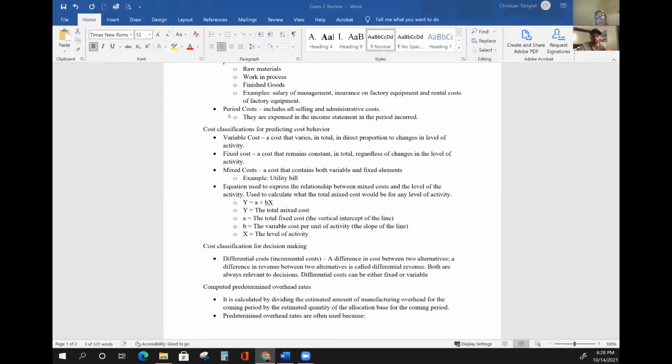So you can have both in one. And then we have the equation, y equals a plus bx. Know what each one of those represents: y is the total mixed cost, a is the total fixed cost, b is the variable cost, and x is the level of activity.